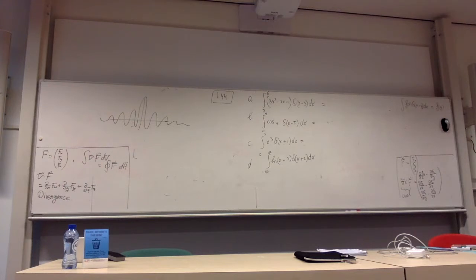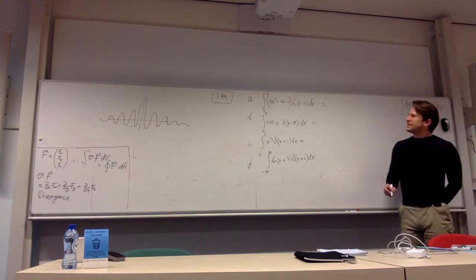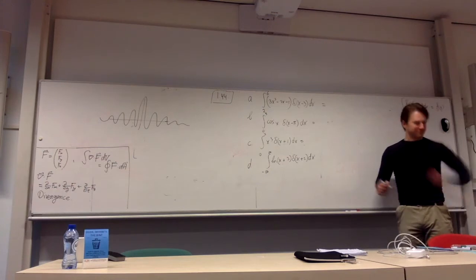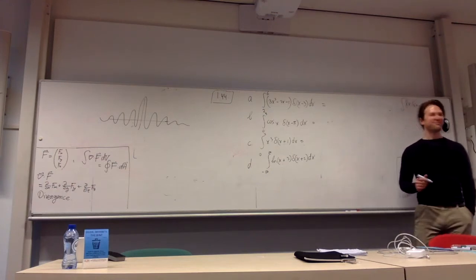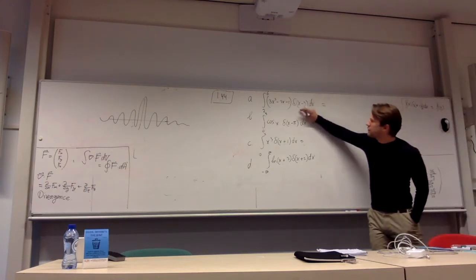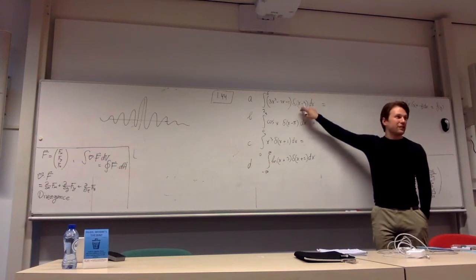We already talked about this. What you just do is you just look at what makes the Dirac-delta's argument 0, and then use that in the rest of the function. Okay, so what you want to do is x, this should be 0.